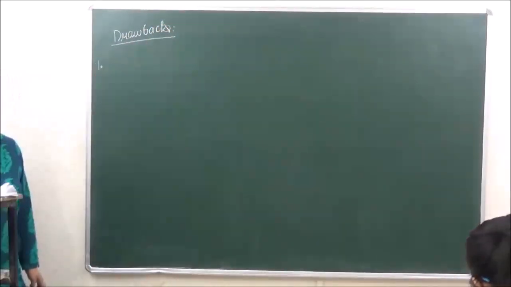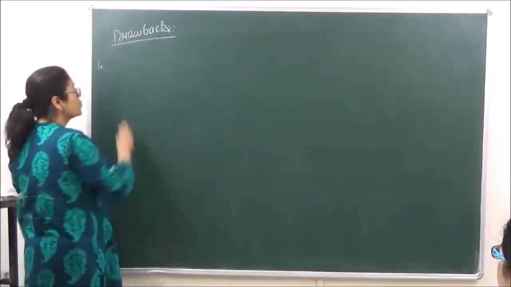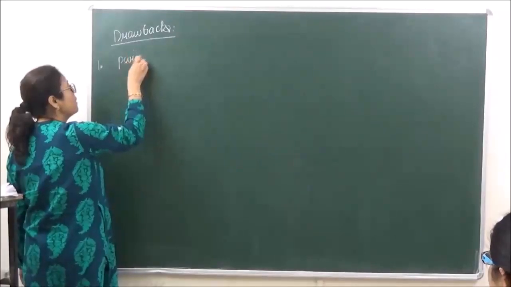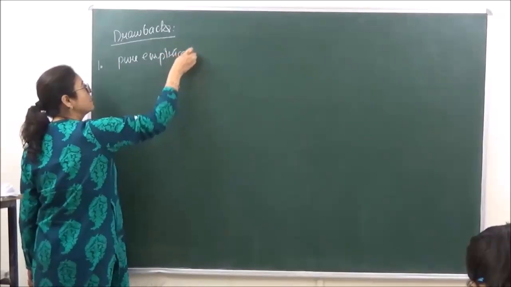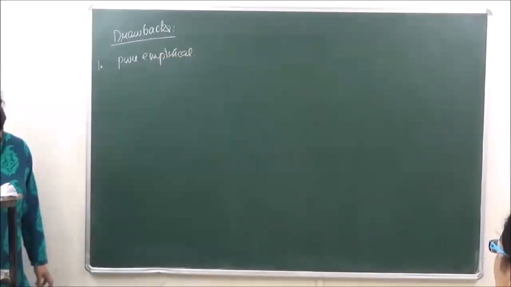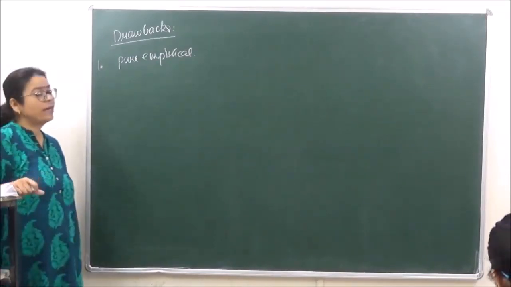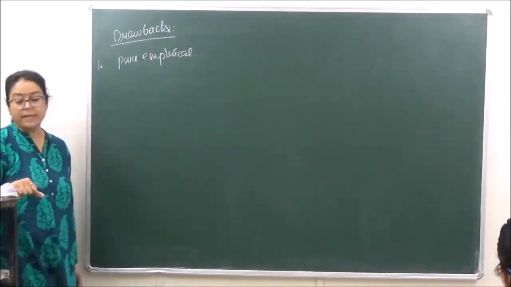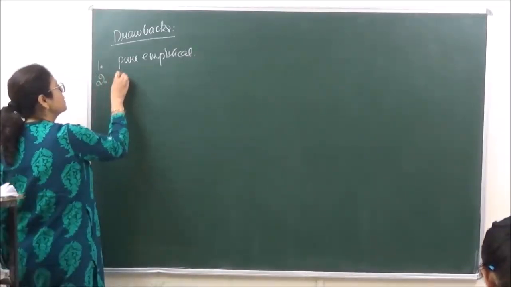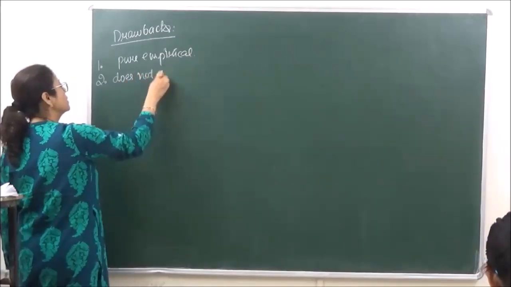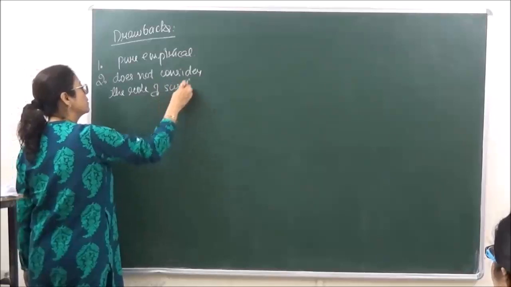Number 1, the first drawback is that the Freundlich adsorption isotherm is purely empirical, which means that it will have a totally numeric value, and does not give us any theoretical concept about it. Okay? Then second, it does not consider the role of surface area.